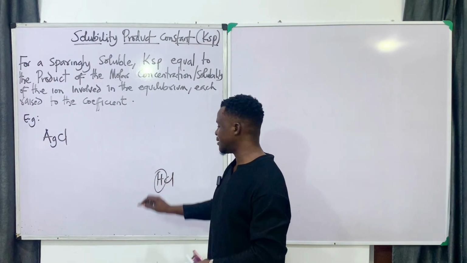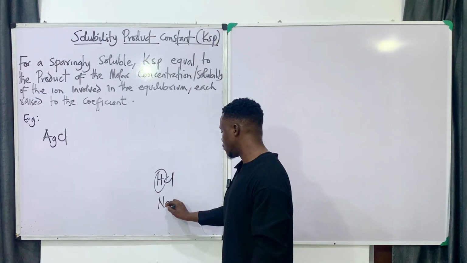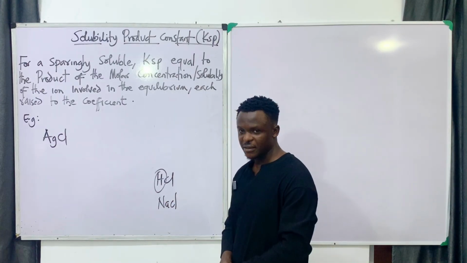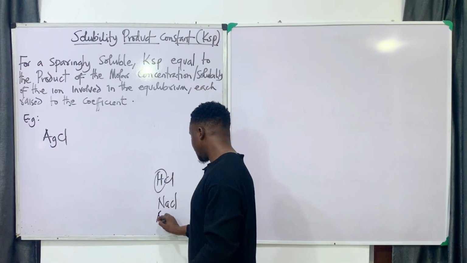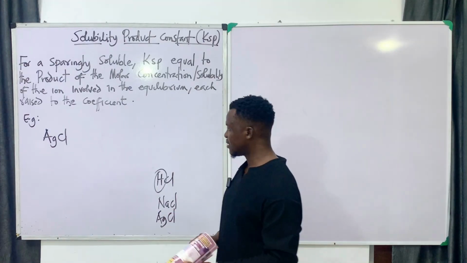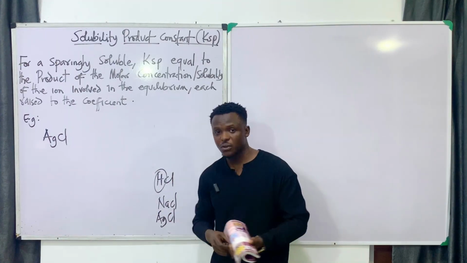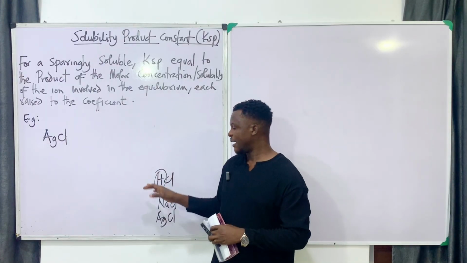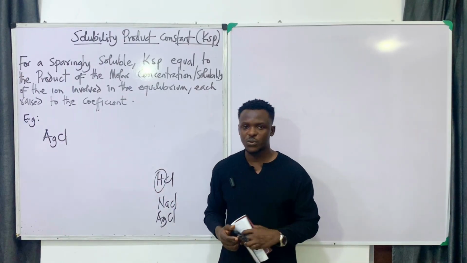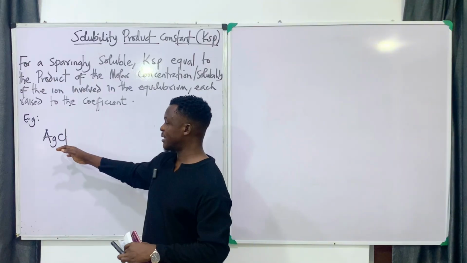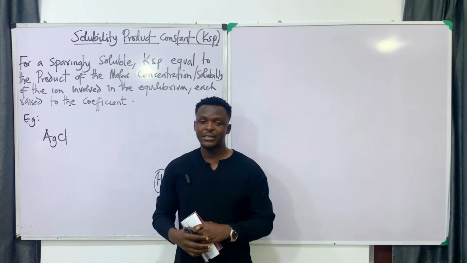When you replace this H with a metal, sodium, this becomes NaCl. When you replace it with silver, this becomes AgCl. So once you see something like this, it is a salt.